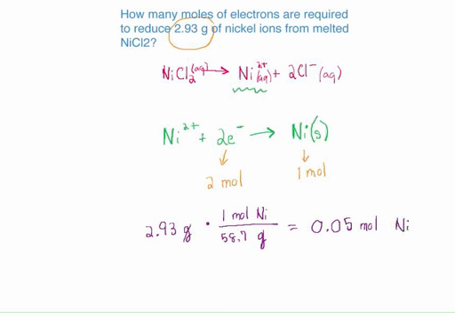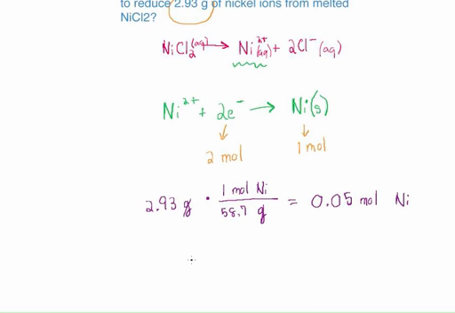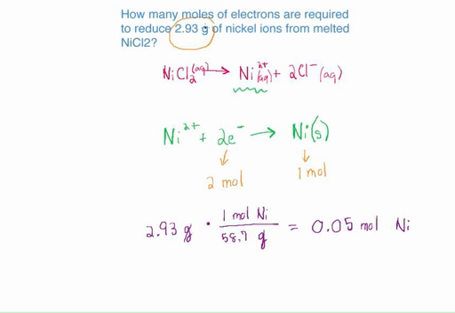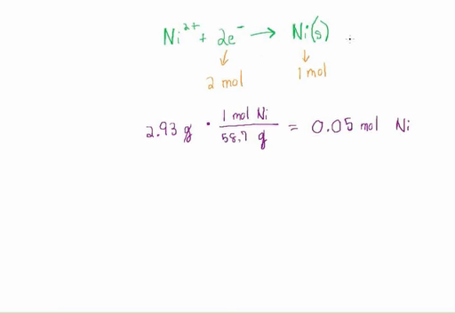Okay, so here comes the next piece. They're asking us specifically about how many moles of electrons are required in order to do this reaction. Well, remember, this is not a 1-to-1 ratio. I need 2 moles of electrons for every 1 mole of nickel. So I essentially just have to factor that in.